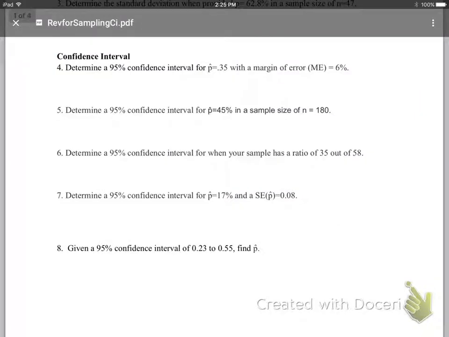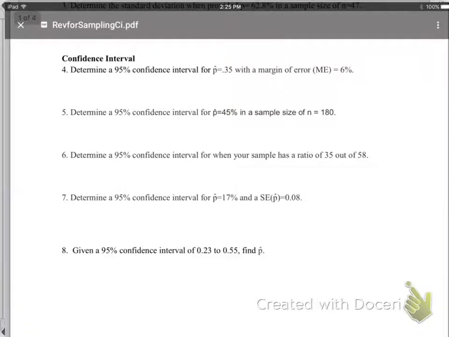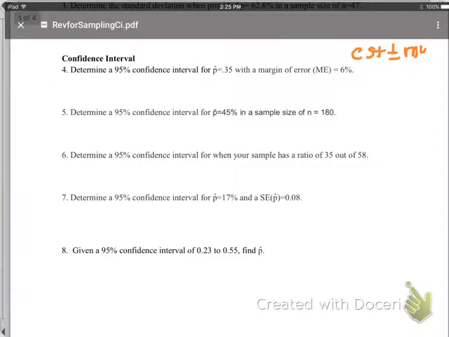Okay, so now we're going to be doing confidence intervals. All right, so remember the formula, use your formula: estimate plus or minus the margin of error. So my estimate is 0.35 plus or minus 0.06.